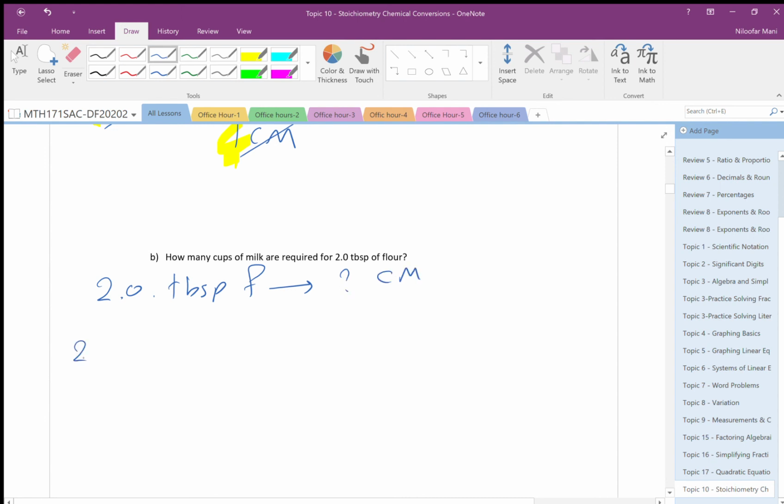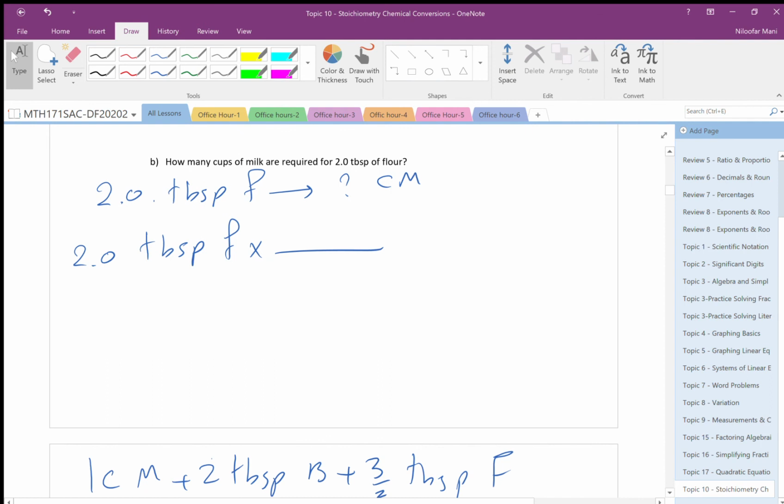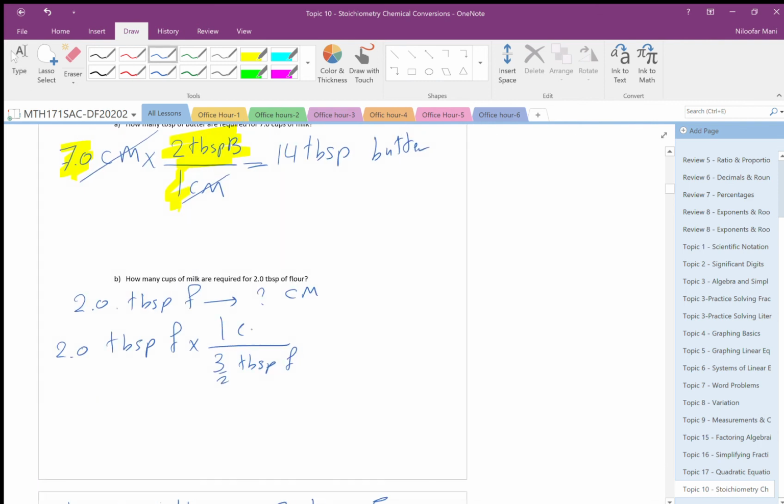So 2.0 tablespoons of F multiplied by 1 cup of milk over 1.5 tablespoons of F. These cancel, so you have 2 divided by 1.5, and the answer is 4/3. So it's 4/3 cups of milk.